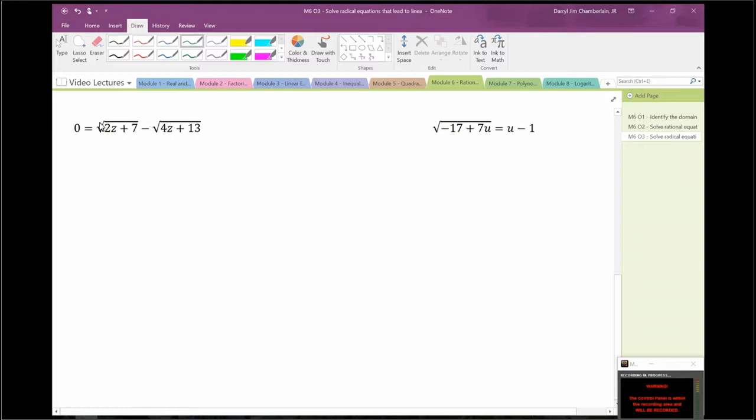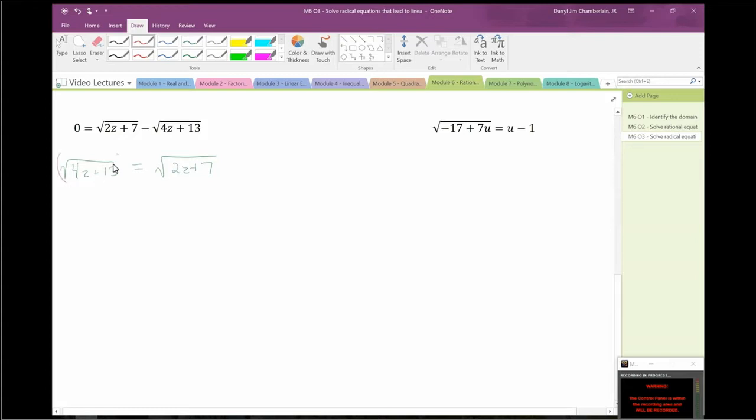So now, again, I have 2 square roots this time. If I wanted to just solve this one, I would need to move the other square root to the other side. And we actually get something nice in this case.